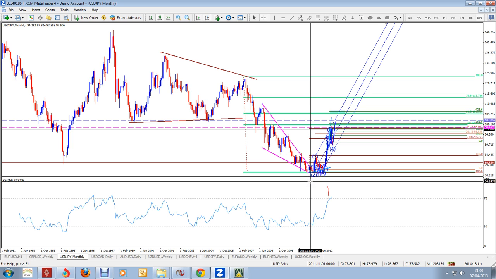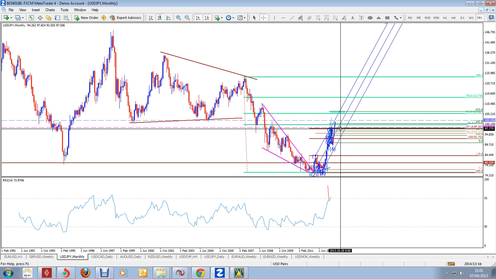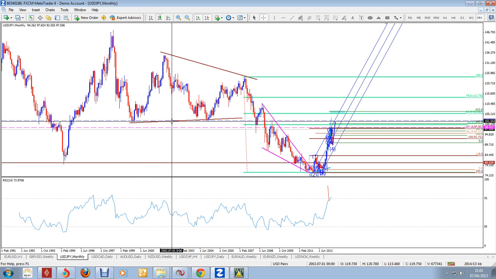Since then we've been moving up very strongly, and you can see this area is a potential problem area, around 101 to 100, 98. We've almost come to 98 or very close to it.